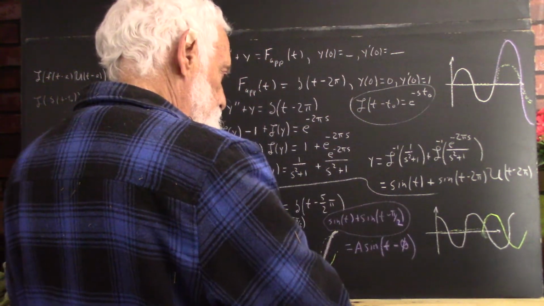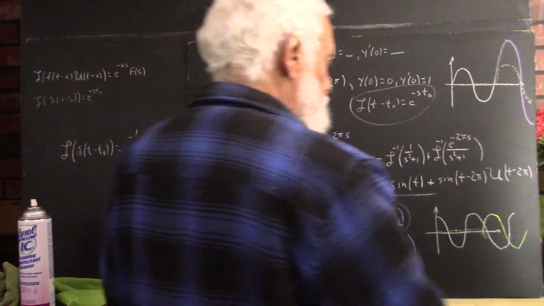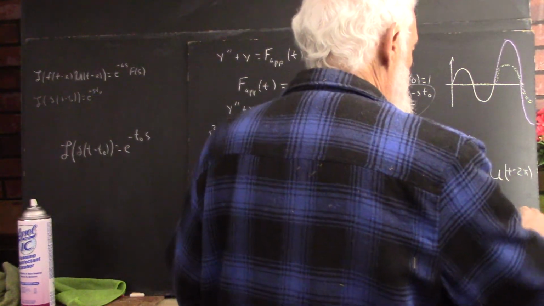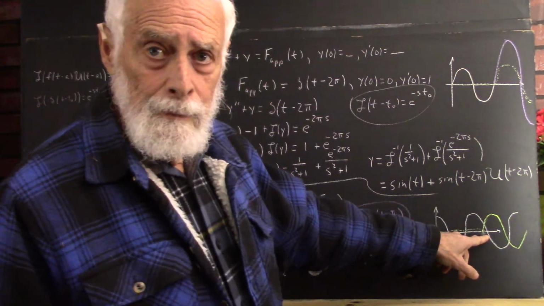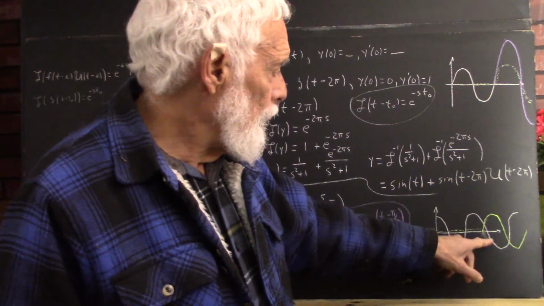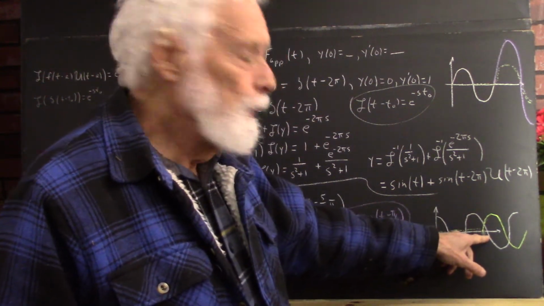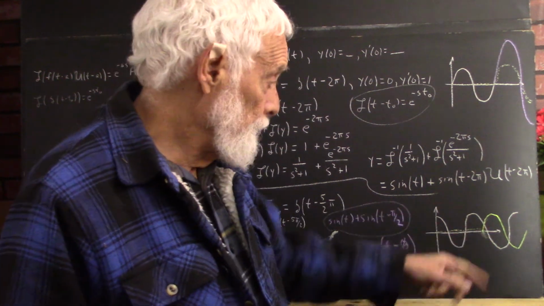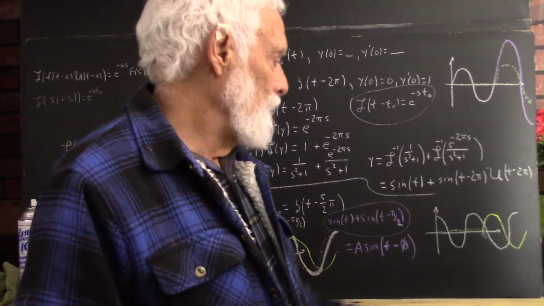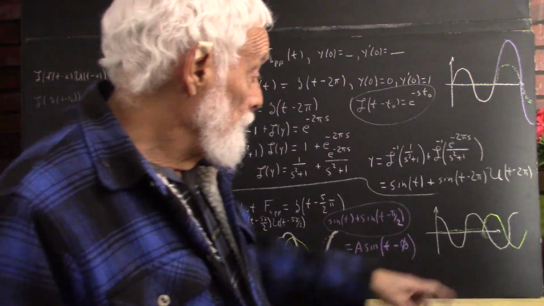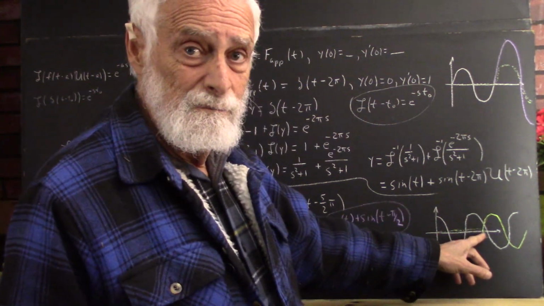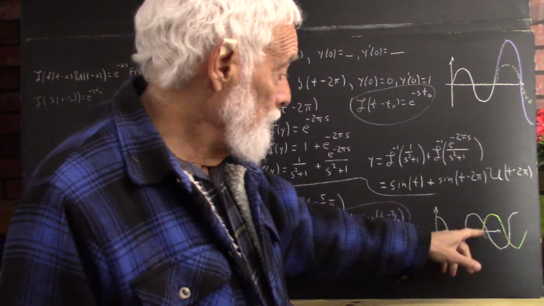You can see, first of all, you can estimate. I'm applying the impulse just shy of the 3 pi instant. So, you know, maybe 3 pi is about 9.5. So maybe I apply this at 9 or a little less. T equals 9.